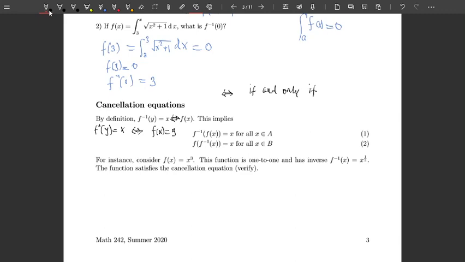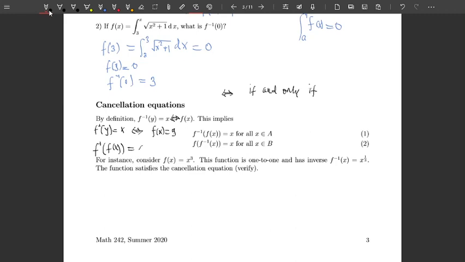Now this implies that my f inverse of f of x is going to be this. Why do I say that? Let's look at this. Now imagine if y is your f of x. So that tells me that my f inverse of y is going to be f inverse of f of x.